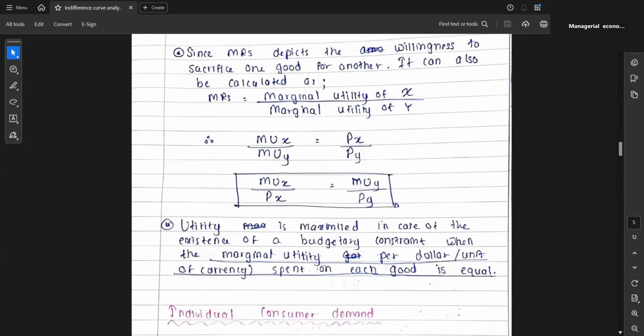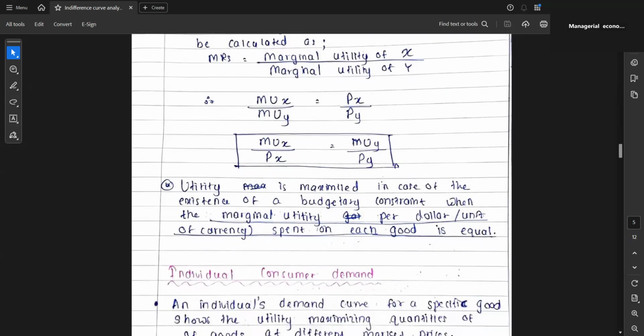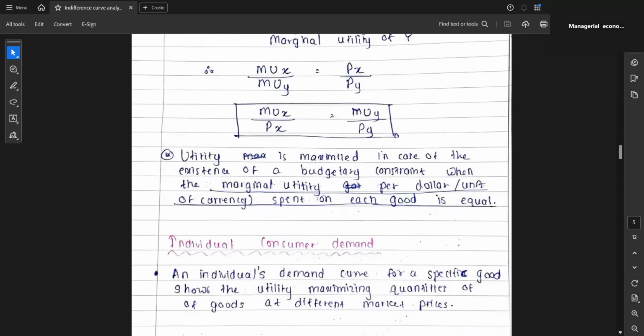So if we take the MRS like that, then we can equate it to the marginal rate of exchange. Then we do cross multiplication and end up with this. So basically, the utility maximization point is where the marginal utility a consumer gains by $1 spent on each of the two products is equal.